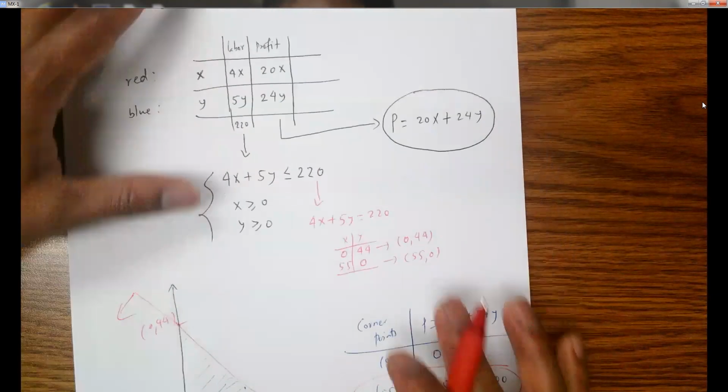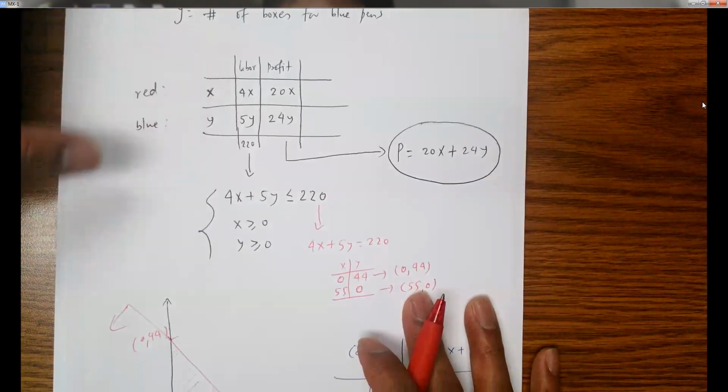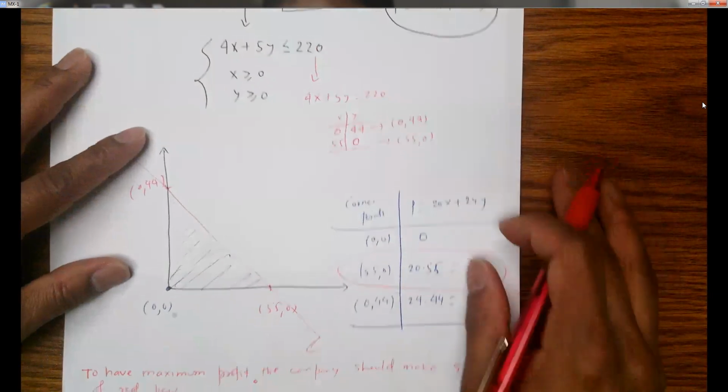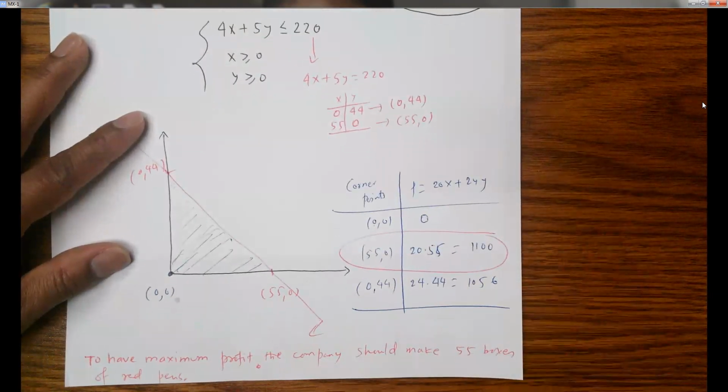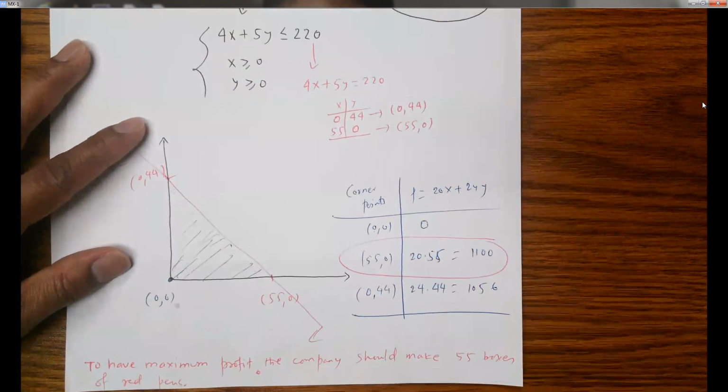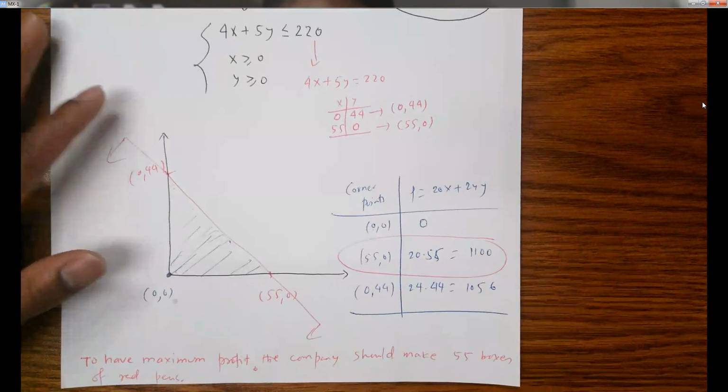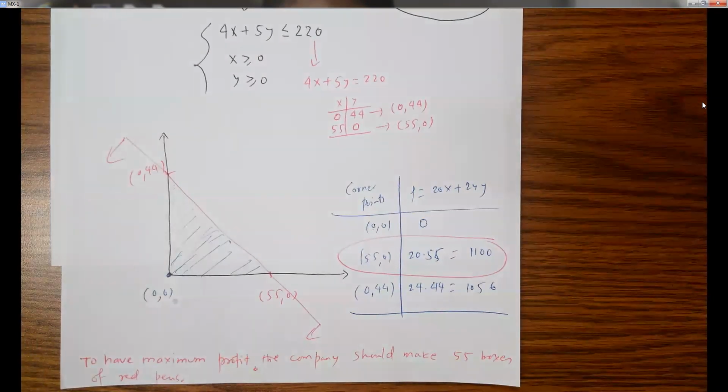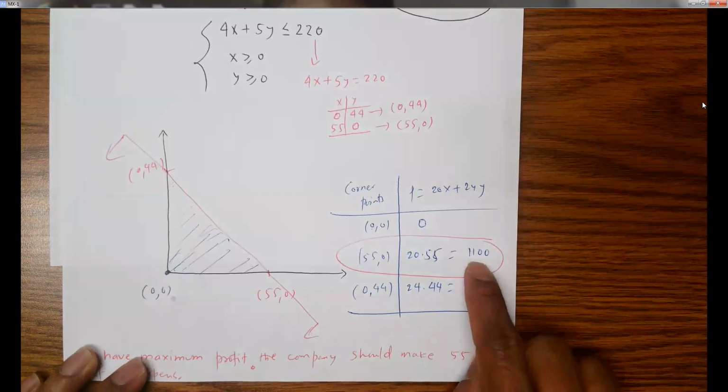So that is the production policy. So to have a maximum profit, the company should make 55 boxes of red pens, and you can also mention 0 boxes of blue pen, which gives you 1100 profit.